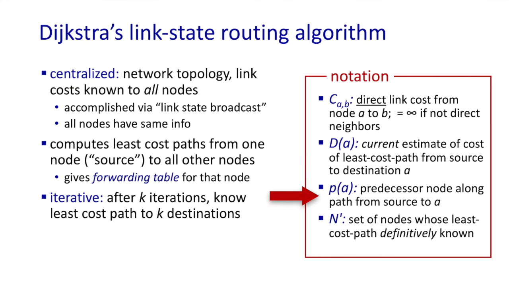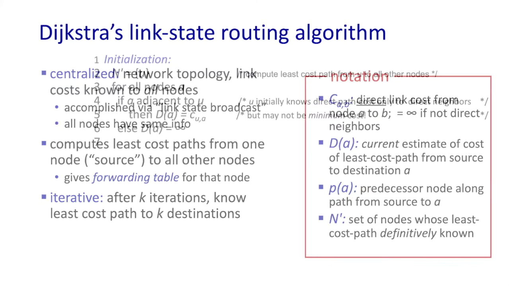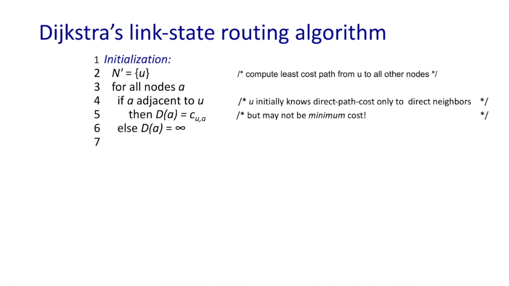P sub A is what's called the predecessor node along the path from the source to node A. And finally, N prime is the set of nodes whose least cost path is definitely known at this point in the calculation.